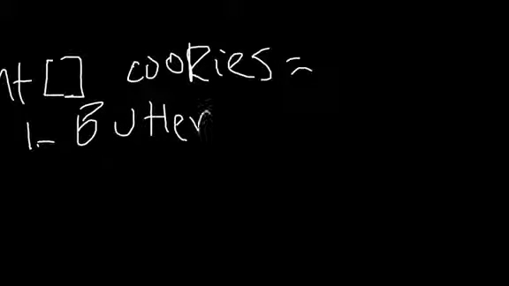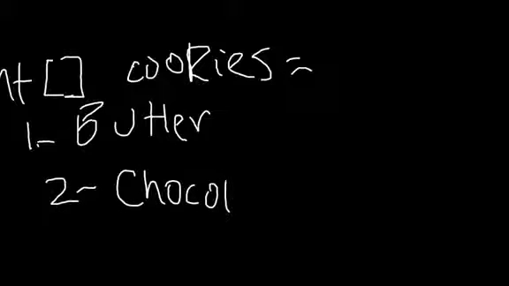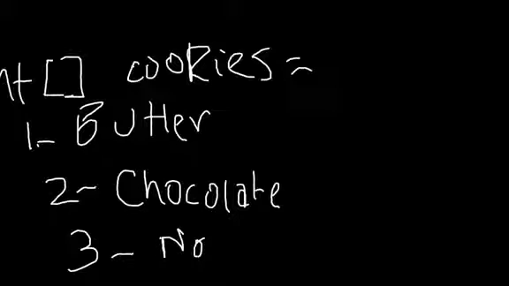So let's say you had a coding system. One would denote butter, two would denote chocolate, three would denote normal, since I can't think of anything else.